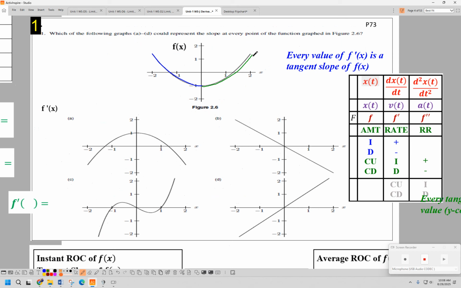That's why down here on f prime, the values of f prime are all negative for a while, and then the values of f prime switch and become positive for a while.